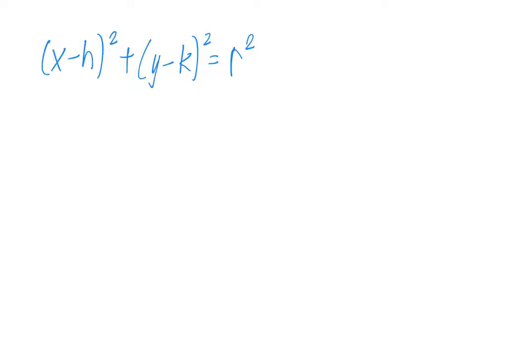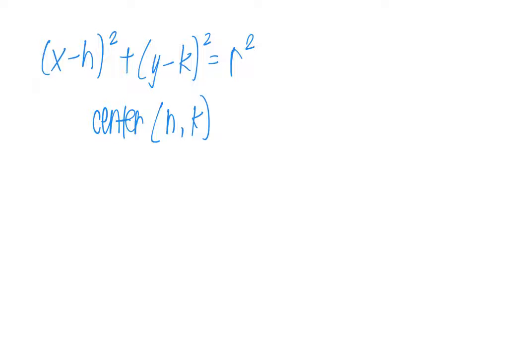I want to work an easier equation of a circle first. The equation of a circle is (x − h)² + (y − k)² = r². So if you're looking at the equation of a circle, the center of that circle is (h, k).